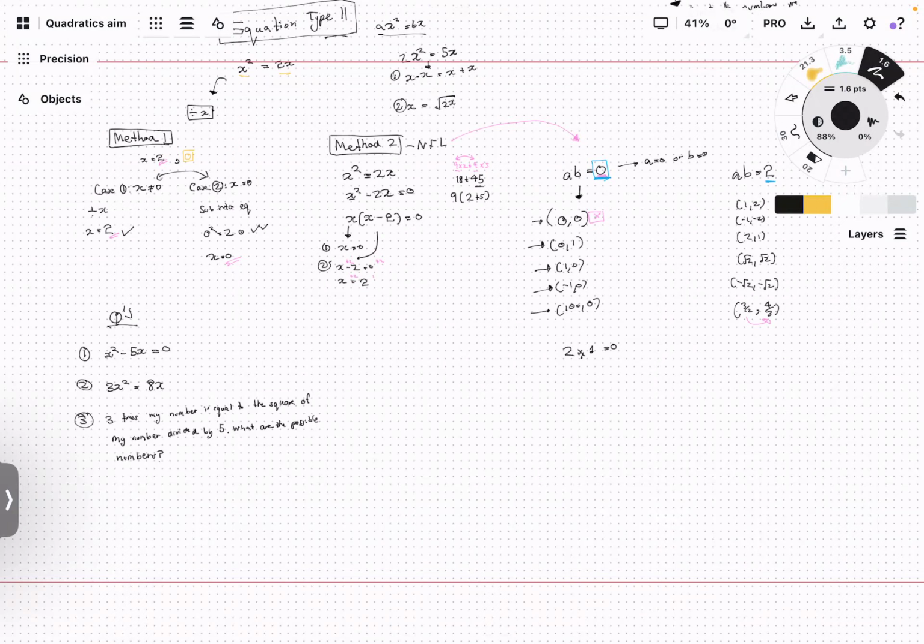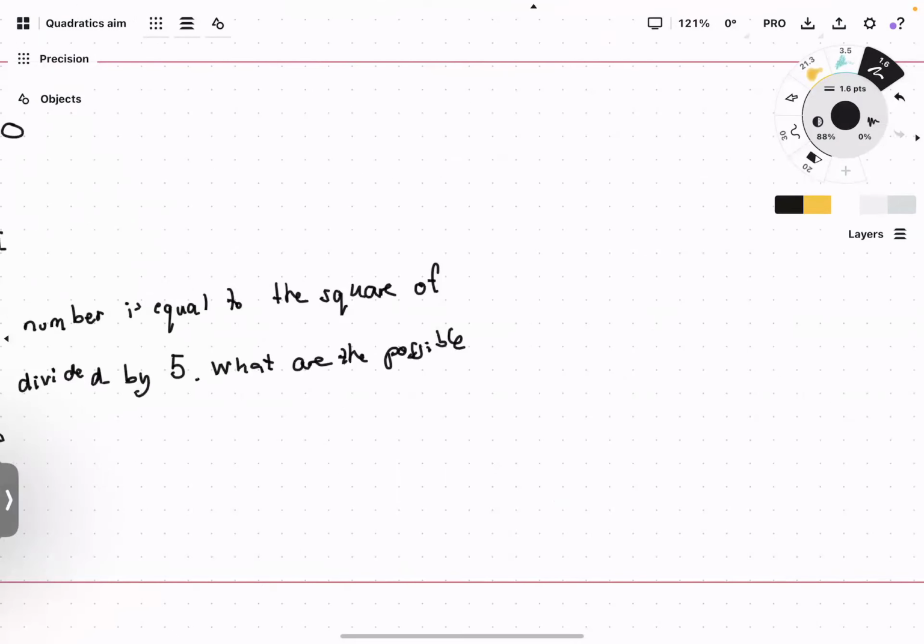Right, when it says what are the possible numbers, does it mean like find? Yes. And the reason I say that is because there are multiple answers. So instead of just saying find the number, find the numbers, essentially. Find the possible numbers.